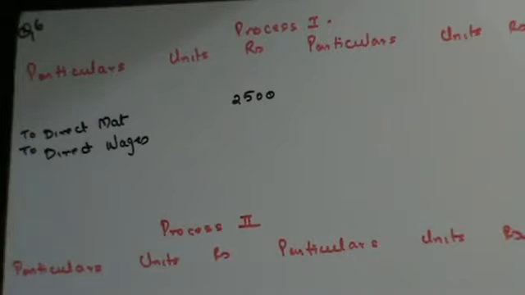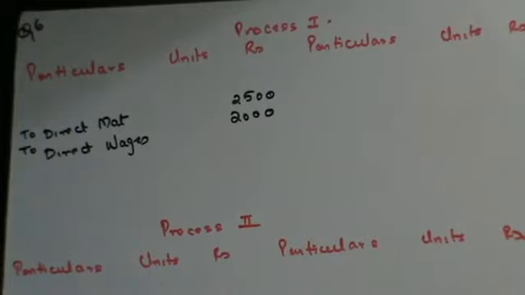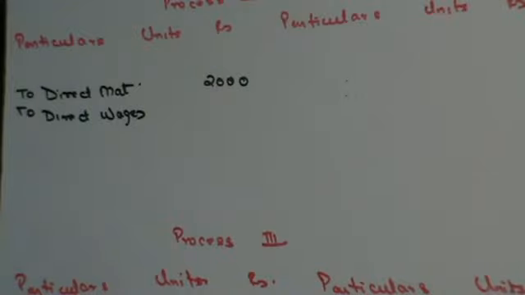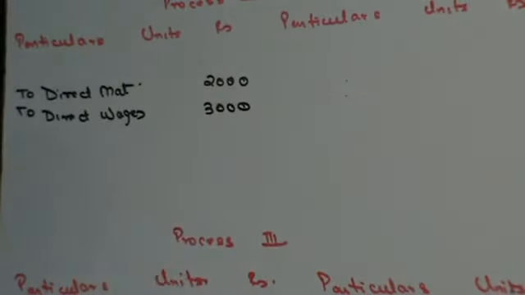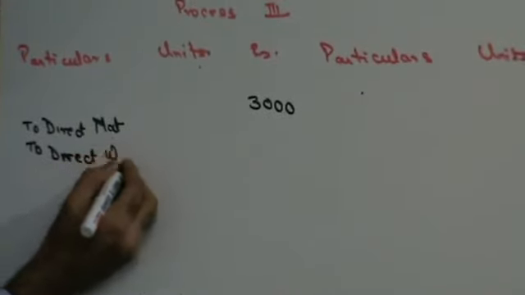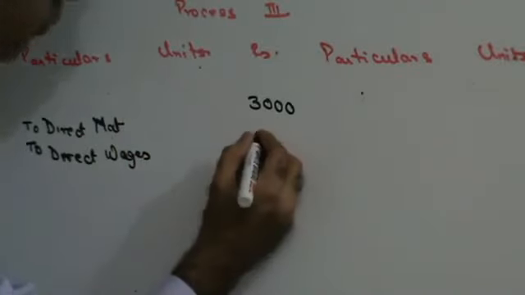For process 1 it is given as 2000. To direct wages for process 2 is given as 3000. To direct wages for process 3 is given as 4000.